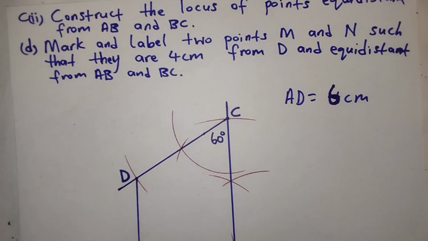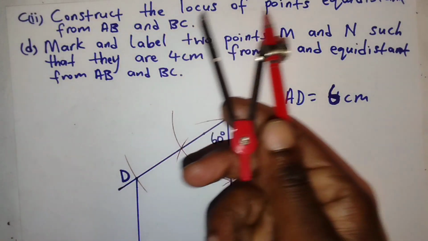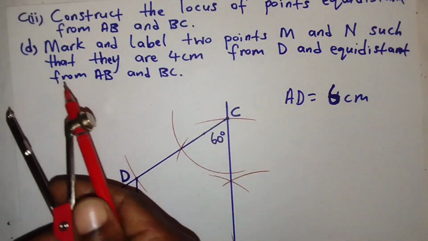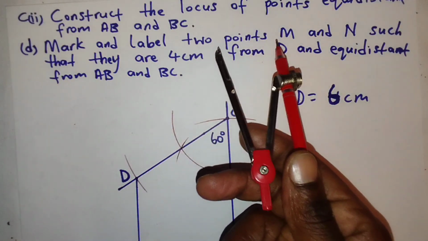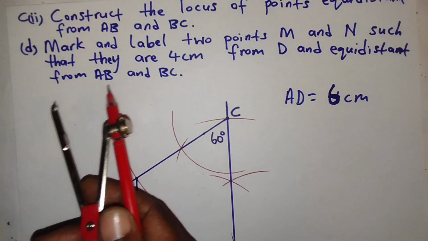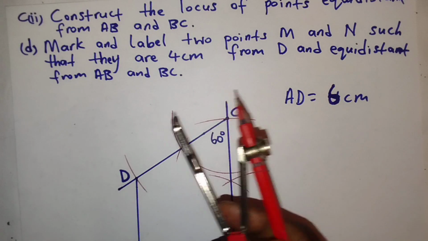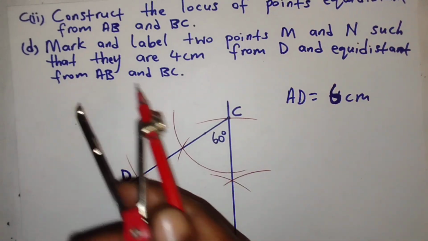Okay, as we finish, we want to construct the locus of points equidistant from AB and BC, and finally we want to mark and label 2 points M and N such that they are 4 centimeters from D and also equidistant from AB and BC.